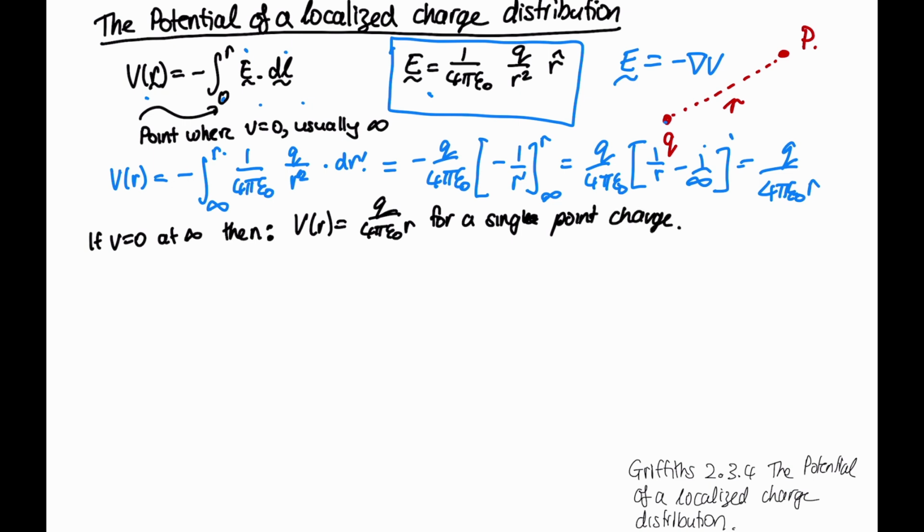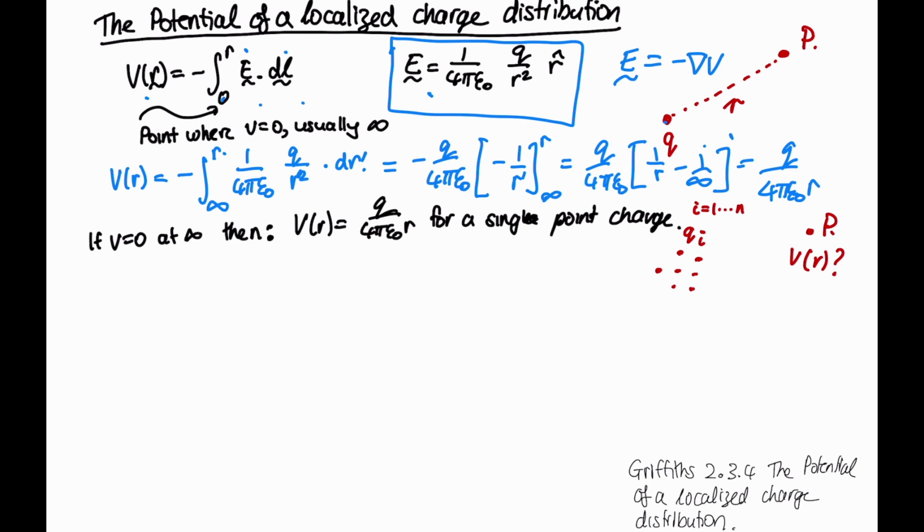But we don't always just have a single point charge. Sometimes we have a whole charge distribution. So let's now expand this a little bit and assume that we've got lots of point charges here. Let's say that we've got q_i from i equals 1 up to n point charges, and we want to know, at some point P here, what's the voltage given by all of those point charges?